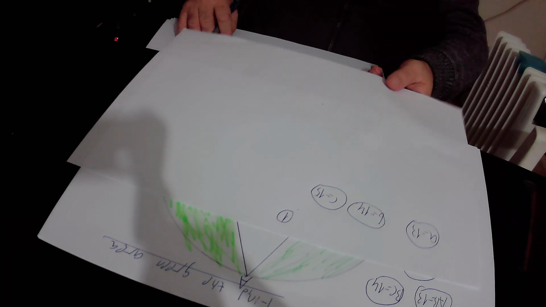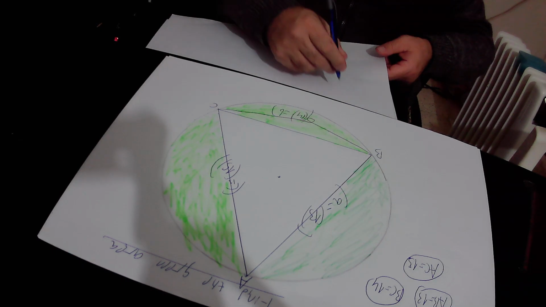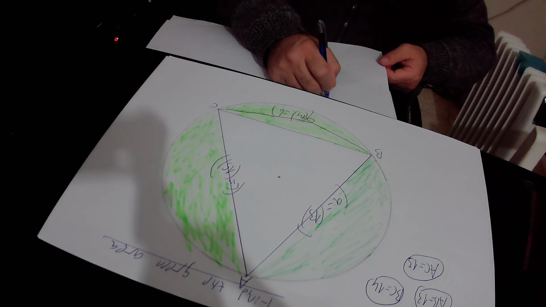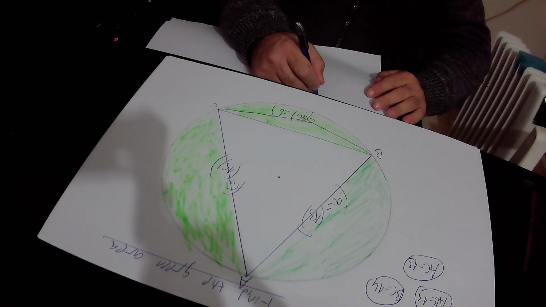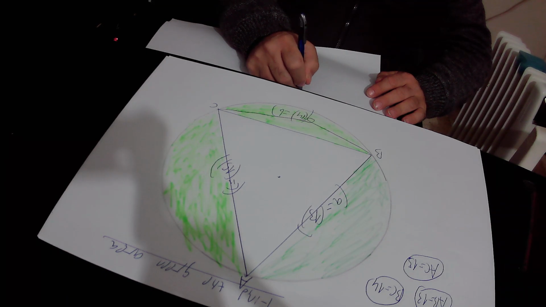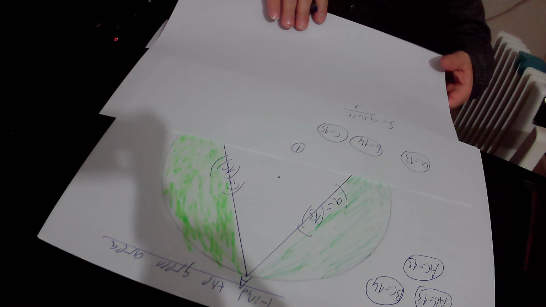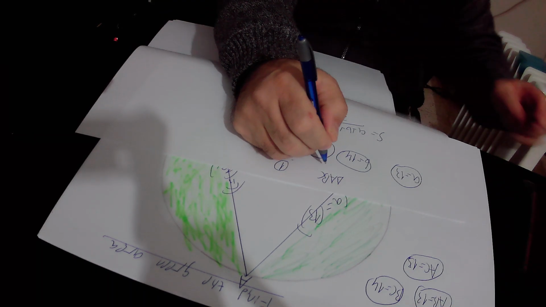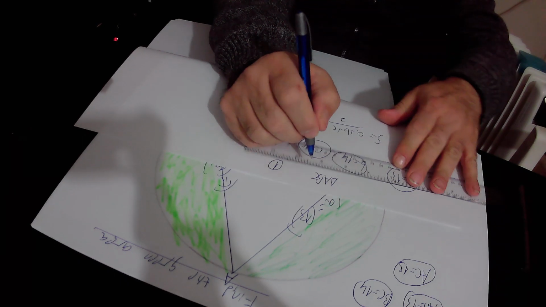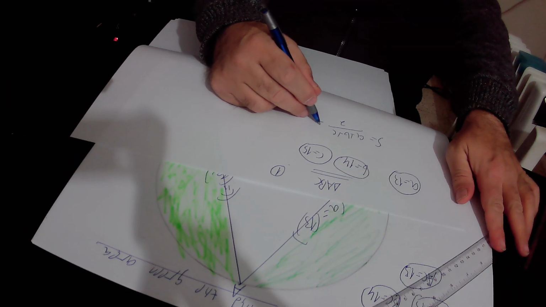In the next step, we'll calculate the semi-perimeter of this triangle ABC. The semi-perimeter S, according to rule number 4, equals A plus B plus C over 2.